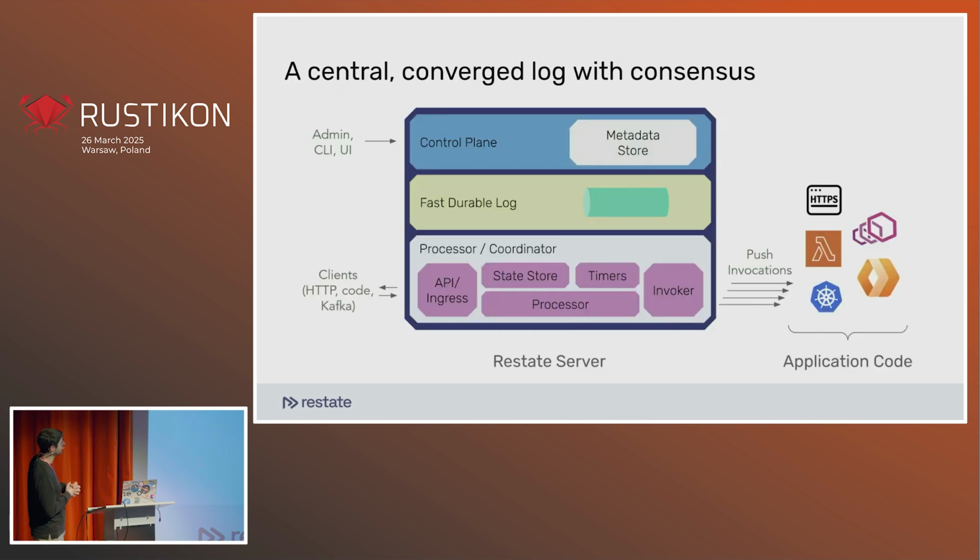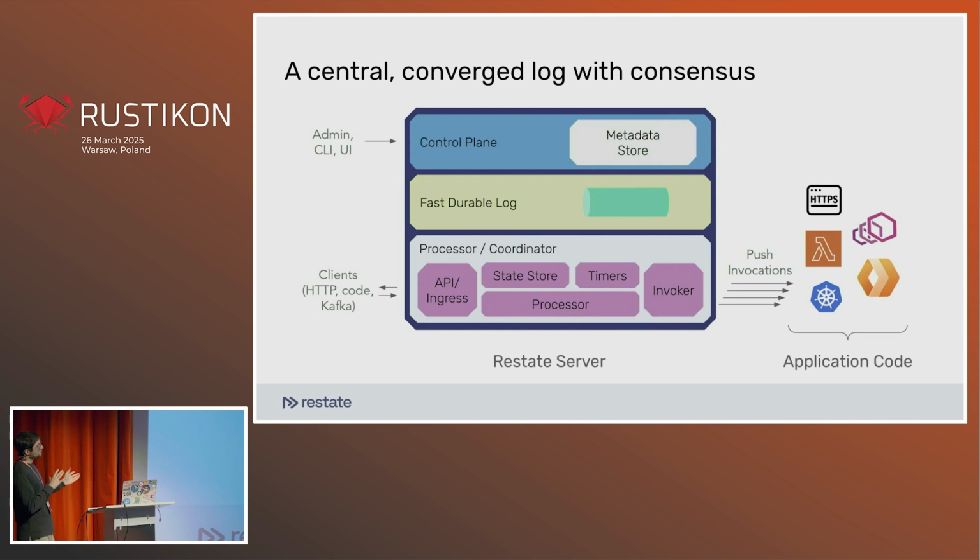The way it works under the hood, and we have a few blog posts that describe the inner details of the system, is that it's essentially a self-contained system that contains inside it a log that is very much like Kafka, and uses RocksDB for writing stuff to disk. It has a control plane on top that uses its own metadata store, I think based on Omnipaxos, if I'm not wrong.